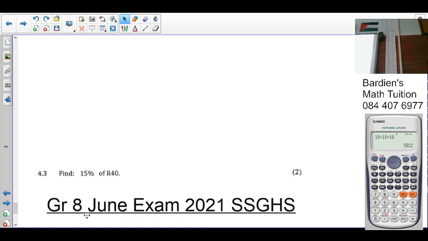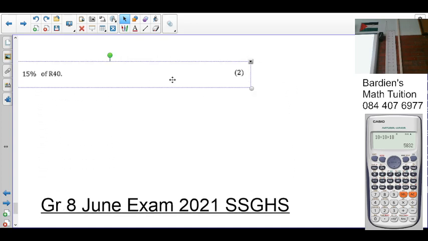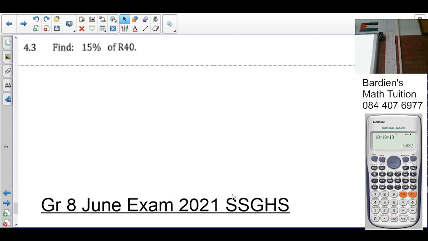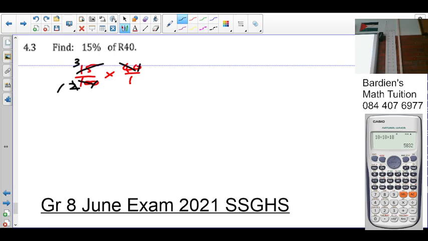Right. Find 15% of 40 rand. So how do I do that? 15 over 100 times 40 over 1. Okay. Cancels, not so? 5 goes into 15 3 times, into 100 twice. 2 going into 2 once, 2 going into 40, and into 2 twice.